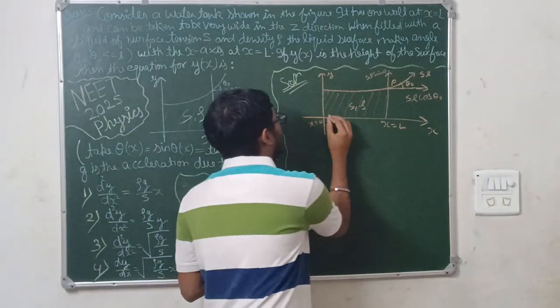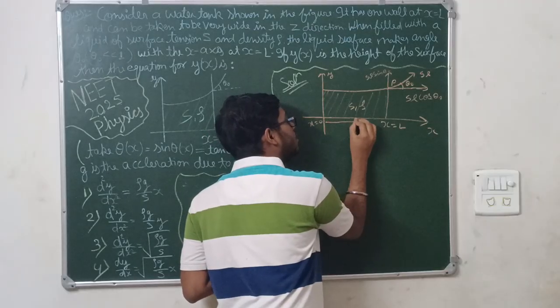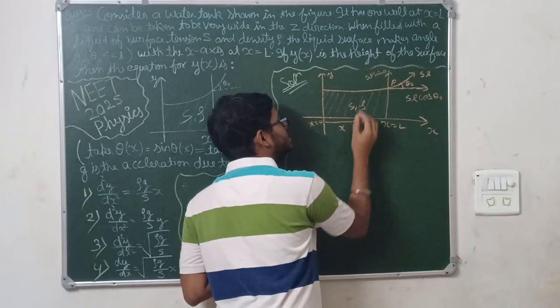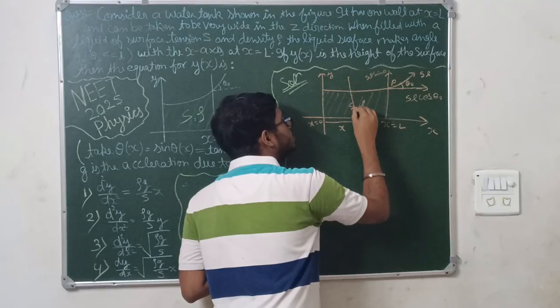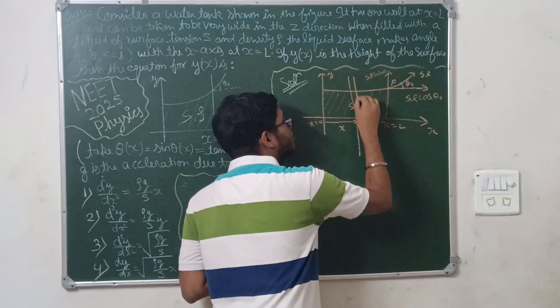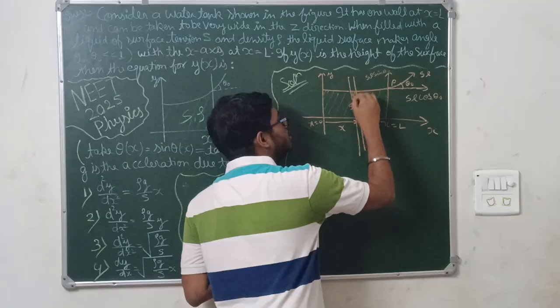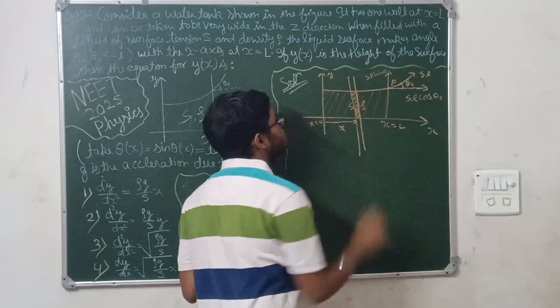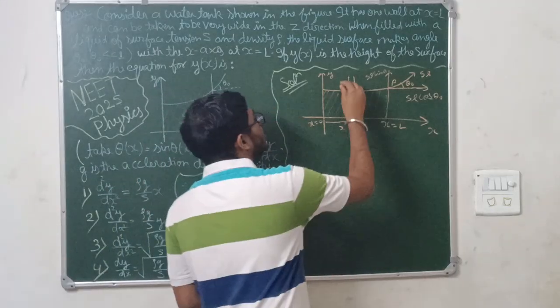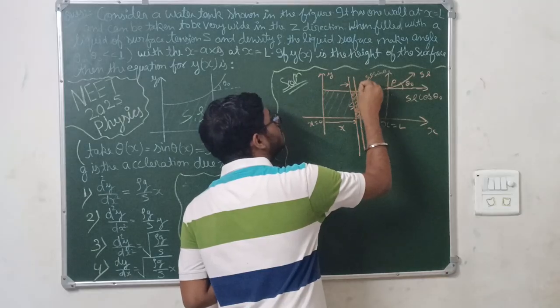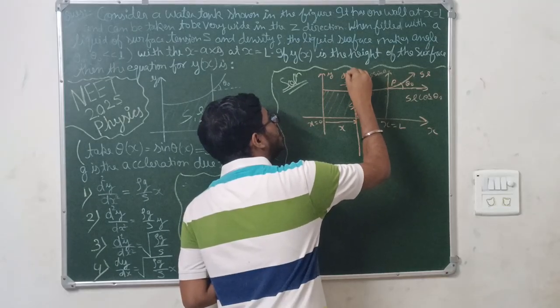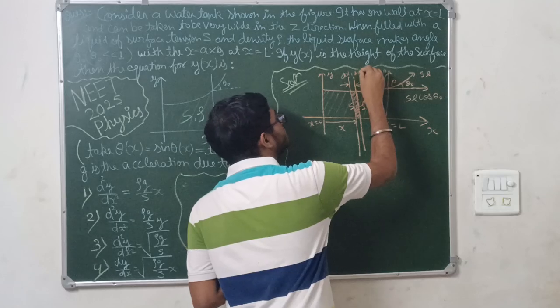So we take a very small element at a distance x. We will be working on this element only, whose thickness is dx and mass is dm.